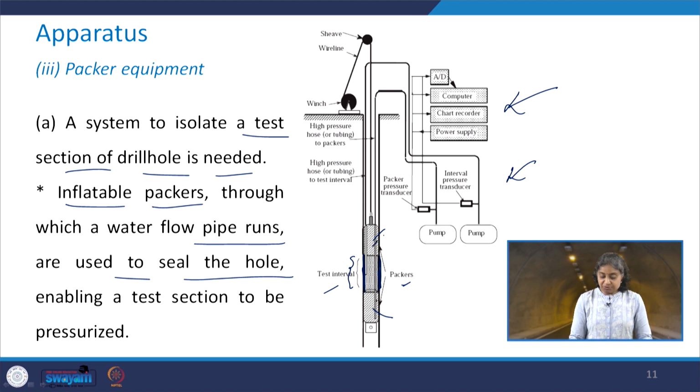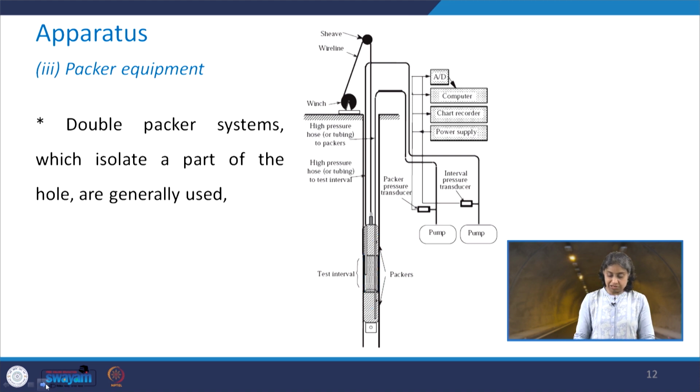Now, as far as these packers are concerned, here you are seeing the two packers, but single packers are also employed. This is the double packer system, which isolates a part of the hole and is generally used.